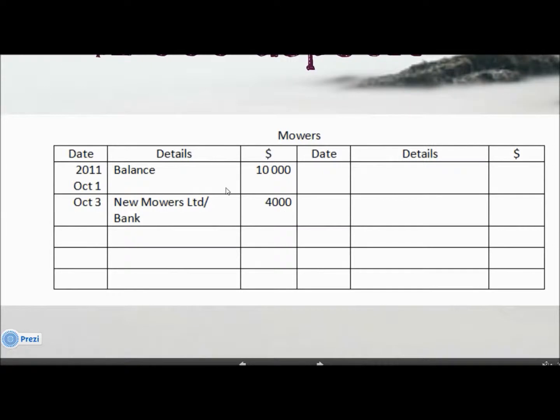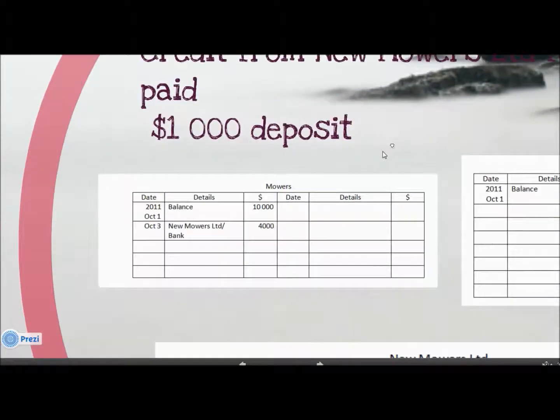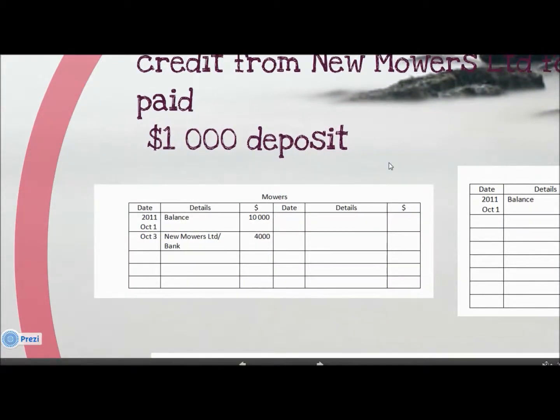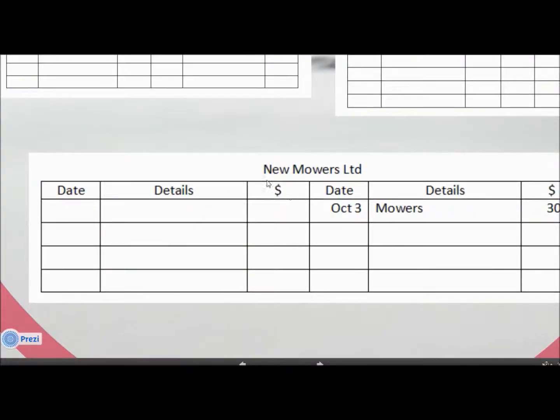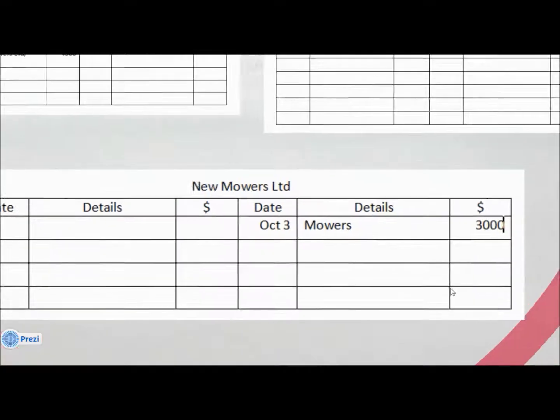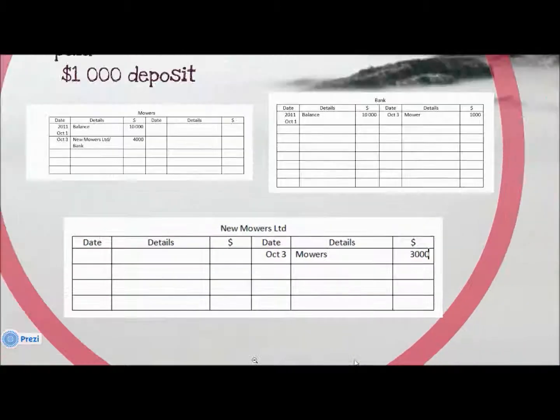So we put the movers 4,000 on the debit side, the bank 1,000 on the credit side, and new movers ltd 3,000 on the credit side.